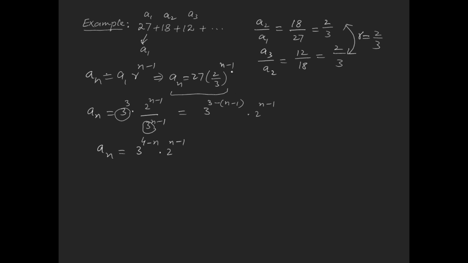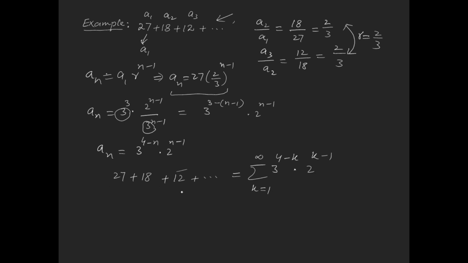Now this particular series is written in this form: 27 plus 18 plus 12, and so on. This is an infinite geometric series, and it is written in the sigma notation as k from 1 to infinity, and the general term is this, but we will replace n with k. So 3 power 4 minus k and multiply by 2 power k minus 1, and k is from 1 to infinity.